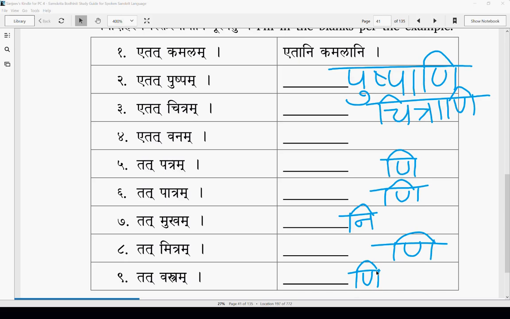Okay, you can mute. I'll explain this a little bit. Anybody having any question on the meanings of the words? So everywhere the change is simple: etat becomes etani, tat becomes tani. But where it changes to the cerebral na, when you look at the pattern here, you should be able to understand.